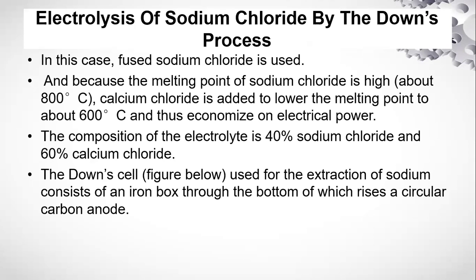The composition of the electrolyte is 40% sodium chloride and 60% calcium chloride. The Downs cell, as you can see in the figure coming after this slide, used for the extraction of sodium, consists of an iron box, through the bottom of which lies a circular carbon anode.